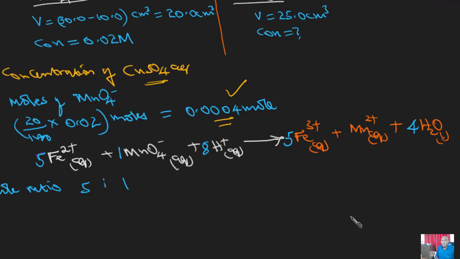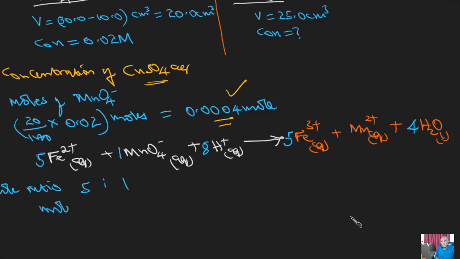Already we have the moles of manganate 7, and you can see from the mole ratio that we are supposed to react 5 times the number of moles of iron 2 to those of manganate 7.